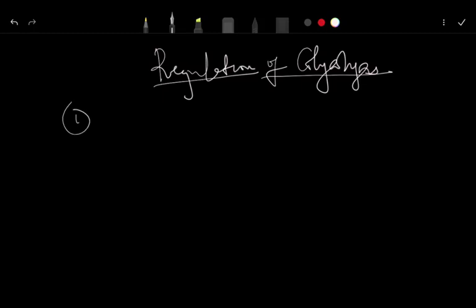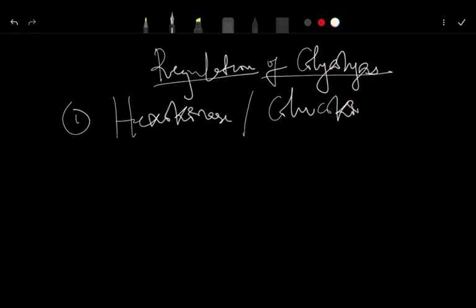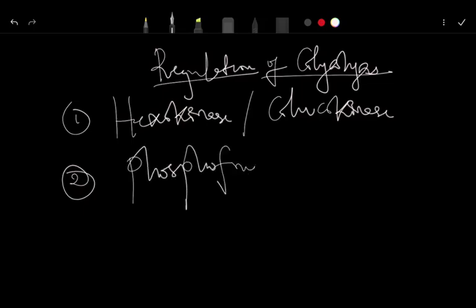We have step 1, which is catalyzed by hexokinase or glucokinase. Then we have another step, which is the third step, I think, catalyzed by phosphofructokinase 1.